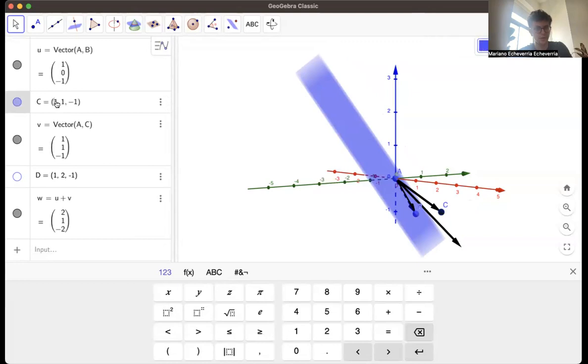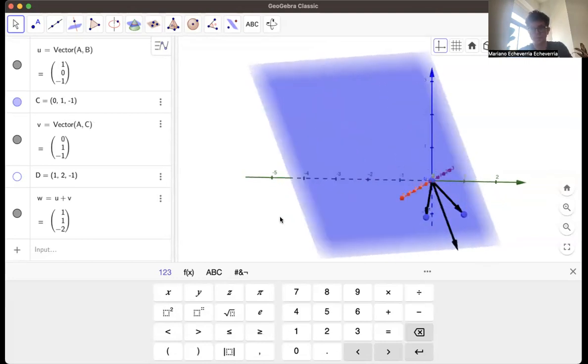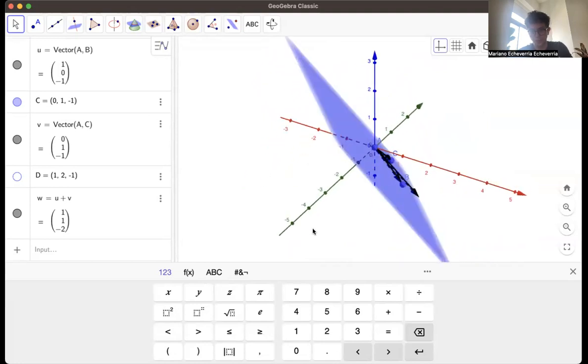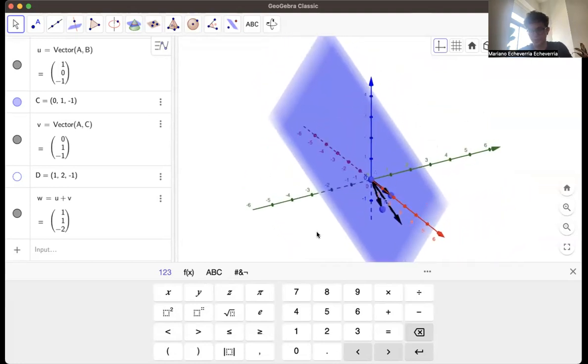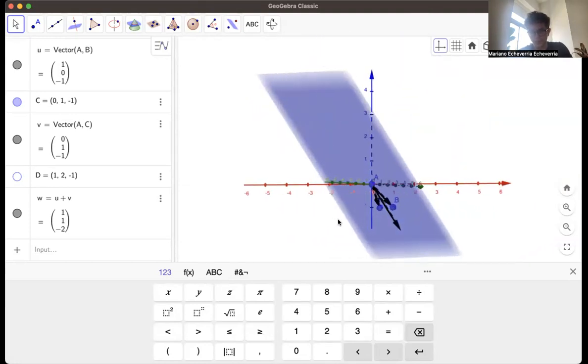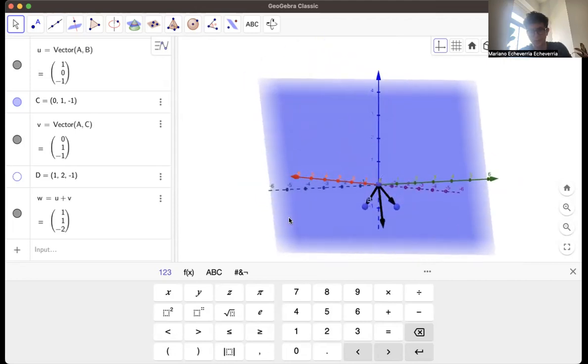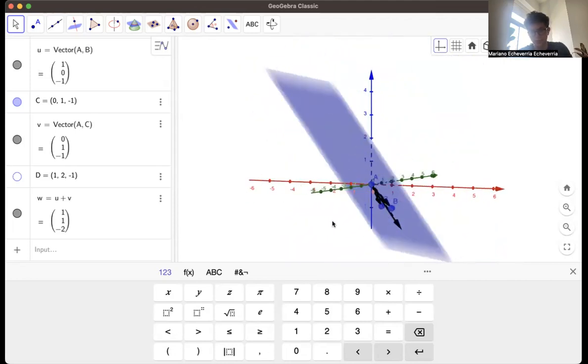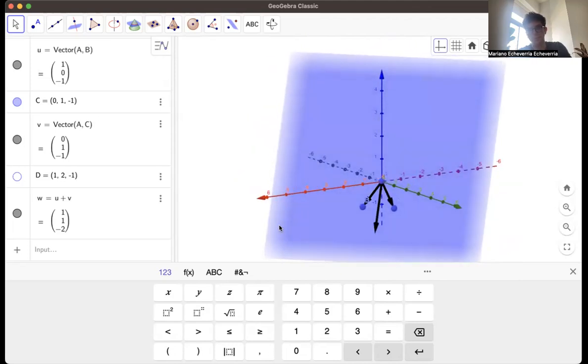The other vector is this one, 0, 1, -1. So now I'm showing you two vectors on the plane, these two black vectors, and then I'm adding them together and the new vector remains on the plane.